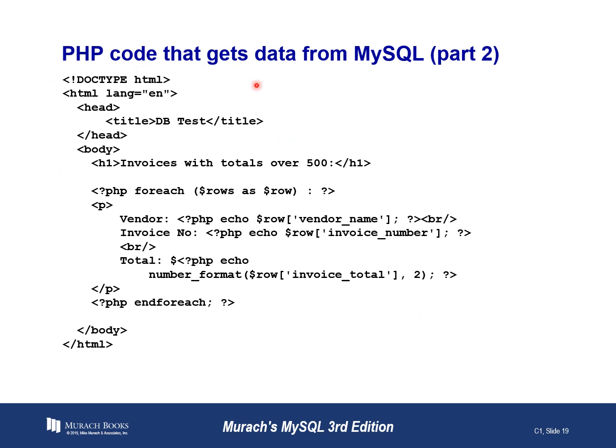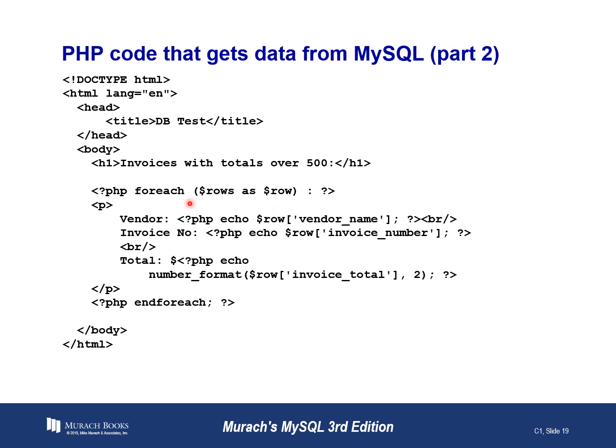And this is PHP code that gets data from MySQL. Okay, so this is the remaining part of the PHP code. This is HTML, but inside the HTML we have a little bit of PHP.